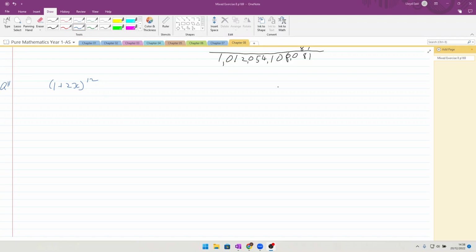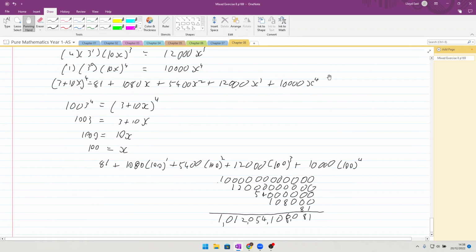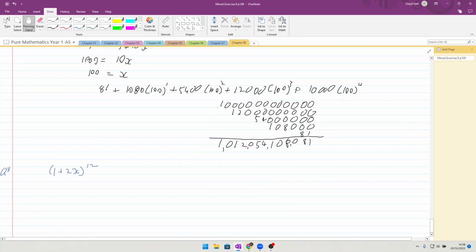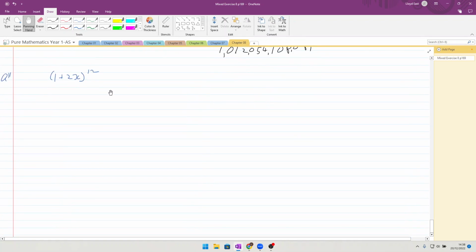Okay, so because Pascal's triangle is quite easy to do, we could do that until we had 12 lines of it. But of course, that's going to be down here, and at that point it becomes quite ridiculous, which is why we've got the nCr formula.